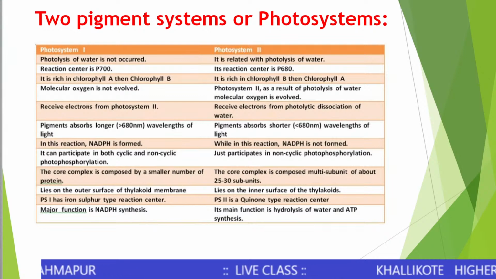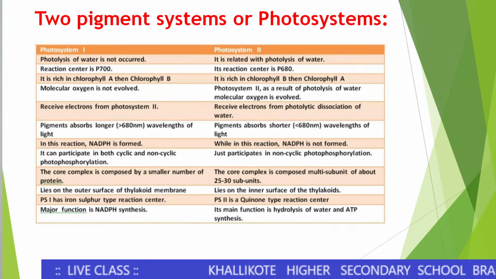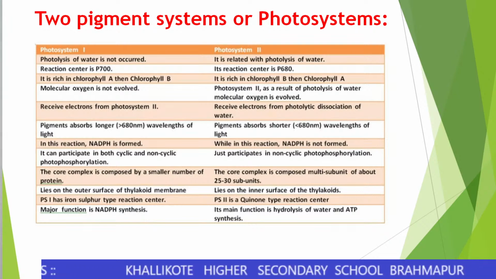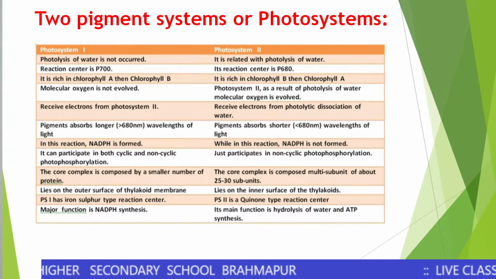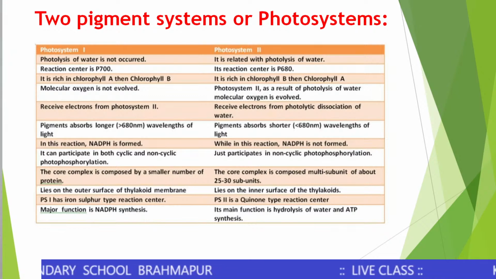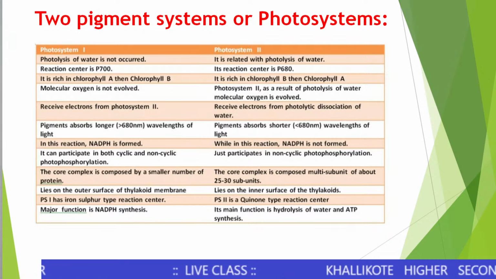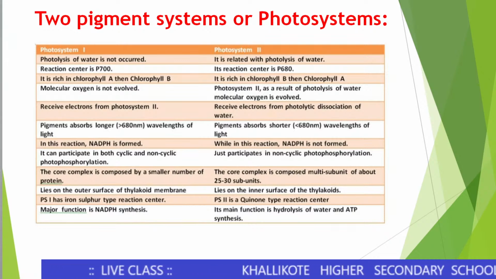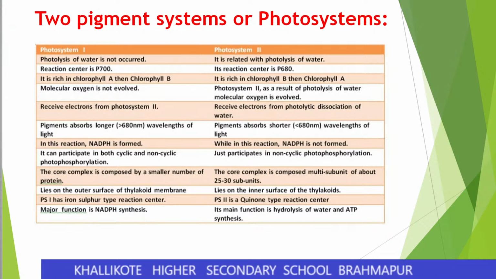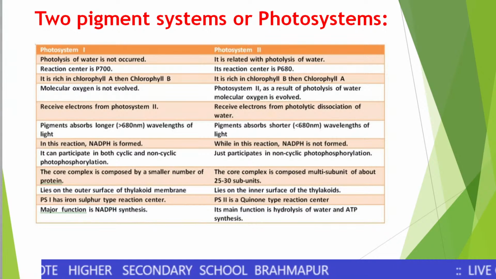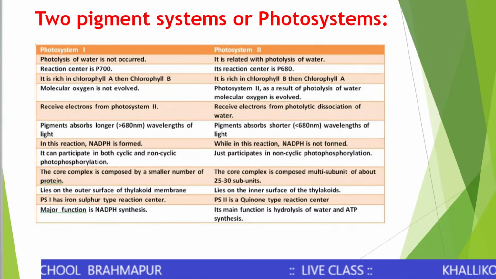Photosystem 1 does not help in the production of NADPH, so the formation of NADPH, or the reducing power, also shows a difference between the two pigment systems. Photosystem 1 has iron sulfur compounds, and photosystem 2 is mainly quinone rich and involved in the photolysis of water as well as ATP formation.